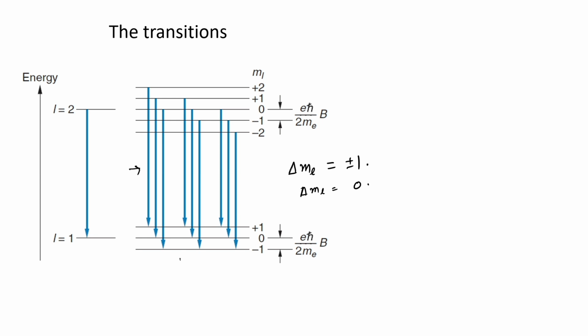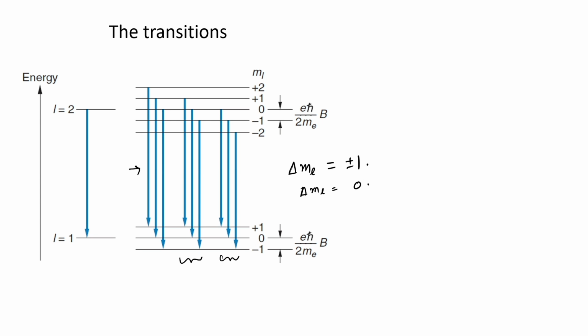So, these are those ones, because there is ml equal to plus 1 to plus 1, 0 to 0, and this is from minus 1 to minus 1, and so on, and then we have the other 3. So, there are 9 lines that you see would arise in the Zeeman effect.